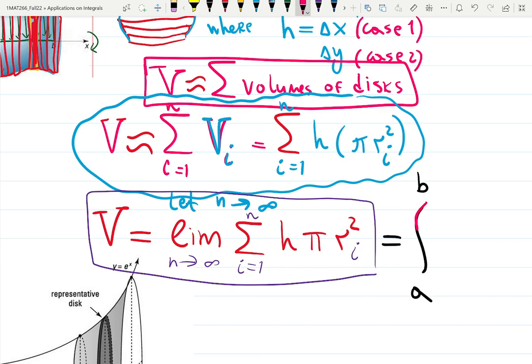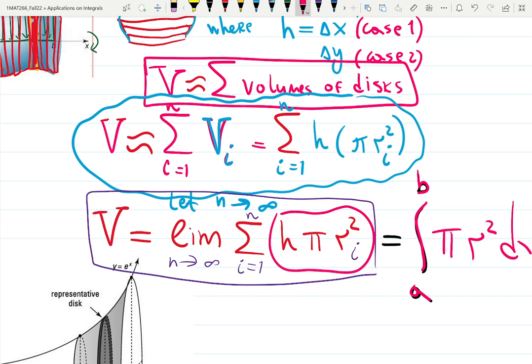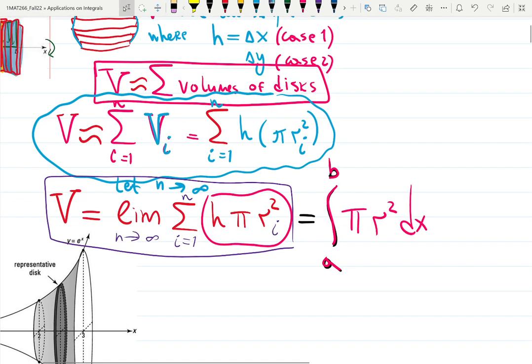Let's put it in red, from a to b. Now, we're still going to have those sums. Actually, let's do it this way. We're still going to have those disks over here. Pi r squared dx.